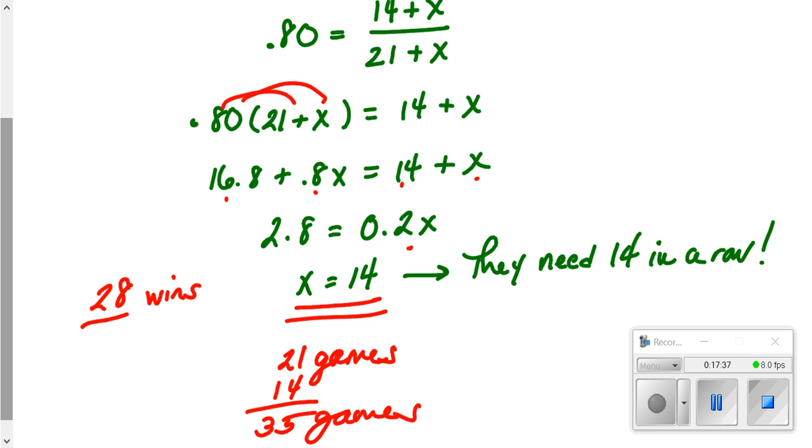And so I would check that 28 out of 35 is the 80% that I want. And in fact, that's a decent fraction to deal with. Both of these divide by 7. So that common factor can come out. Is 4 out of 5 the same as 0.8? It is. Okay, so our answer checks.